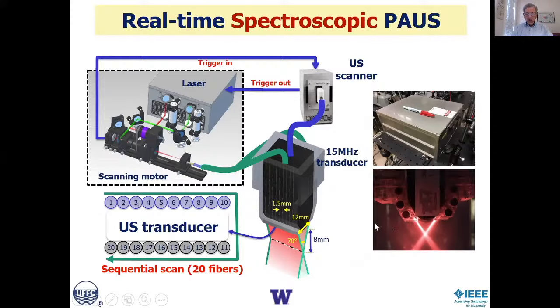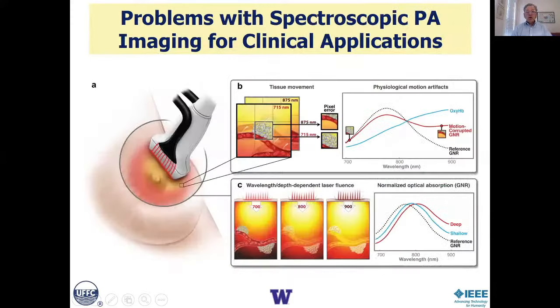And we've used it for experiments, but also what we've found is that this approach can overcome two major problems which limit the potential clinical applicability of spectroscopic imaging. And those two issues are, first, motion. No matter how fast you go, if you have a collection of wavelengths over which you are going to get spectroscopic information, you can be subject to motion.